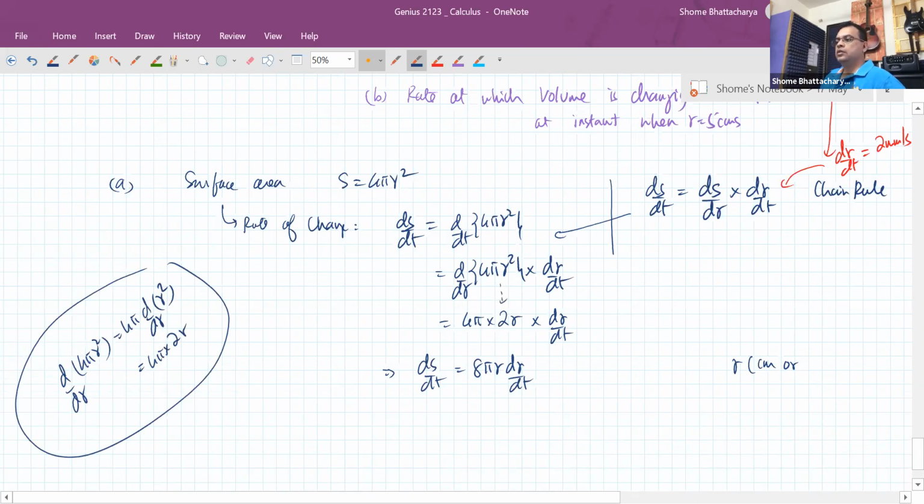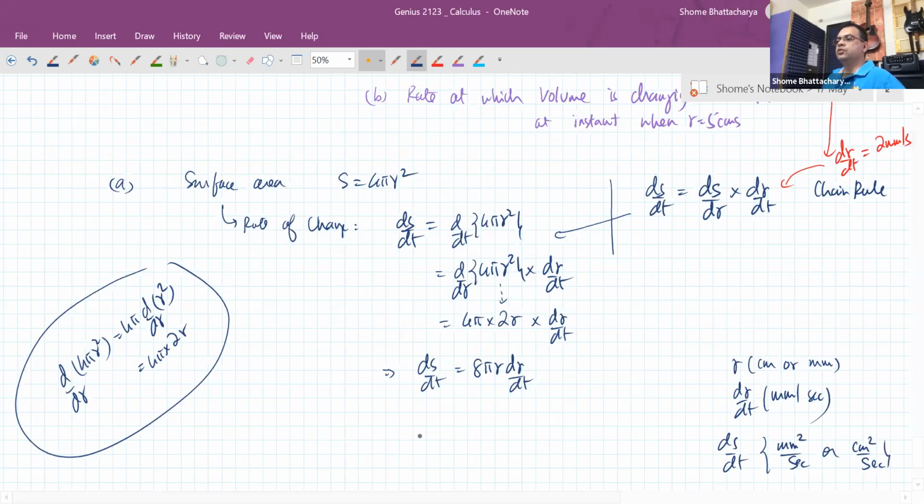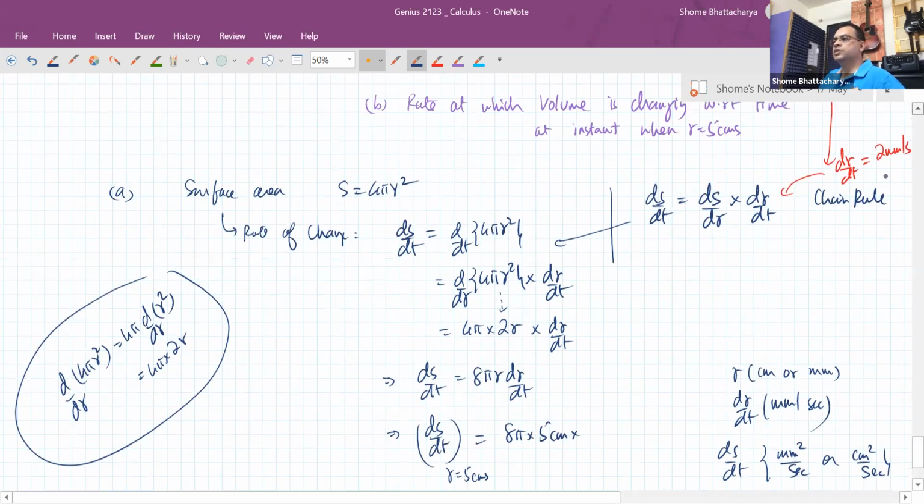Right? Okay. So now see, r will be in centimeter or millimeter, whatever. dr by dt will be in millimeter per second. So ultimately ds by dt will be in millimeter square per second, or we can change it to centimeter square per second or whatever. So that is how the physical units also work. So at the instant when r is equal to, what was it, 5 centimeters, this should become 8 pi into 5 centimeters into, this was how much now? 2 millimeters per second, right?